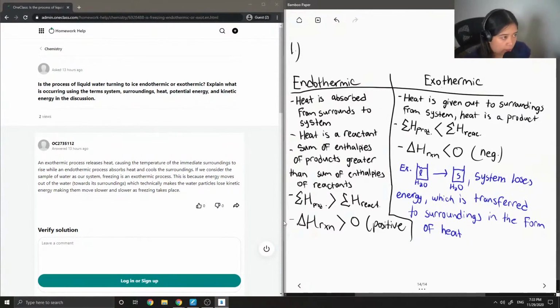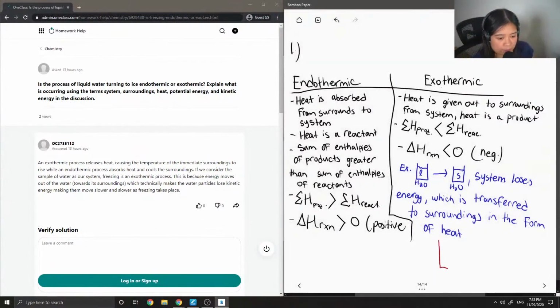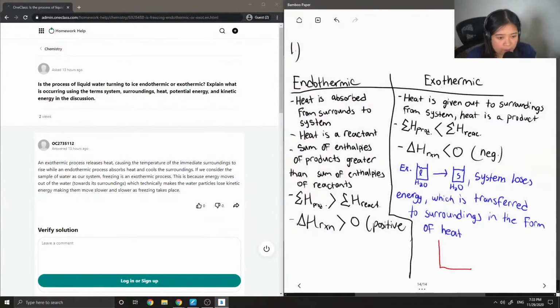So we can also draw a potential energy diagram. I'll draw it at the bottom here. This is the potential energy diagram of liquid turning into ice.